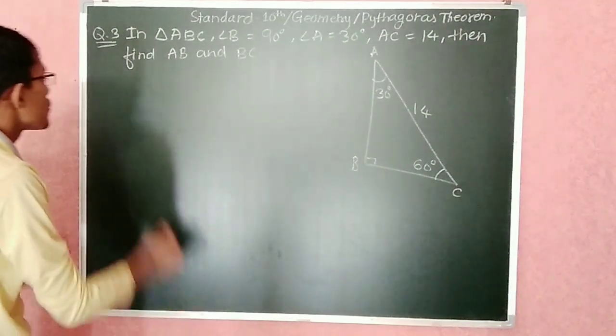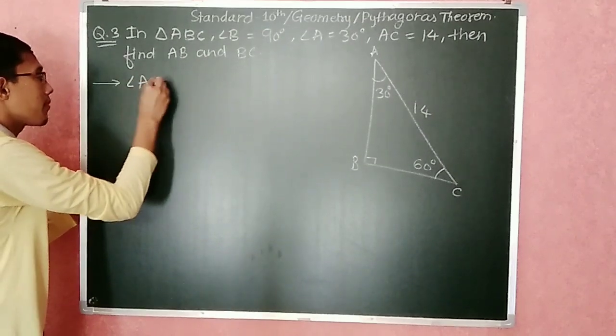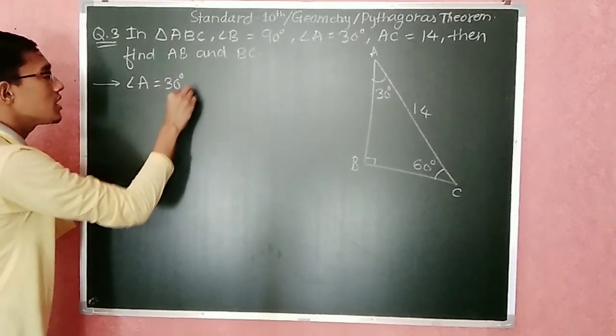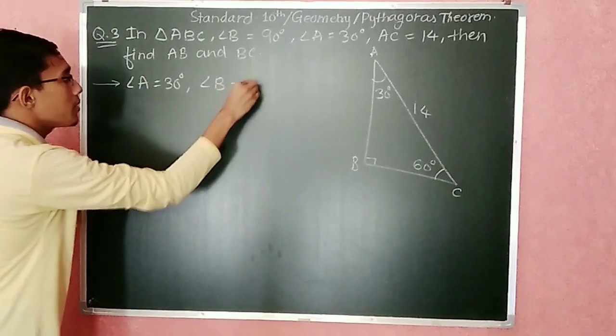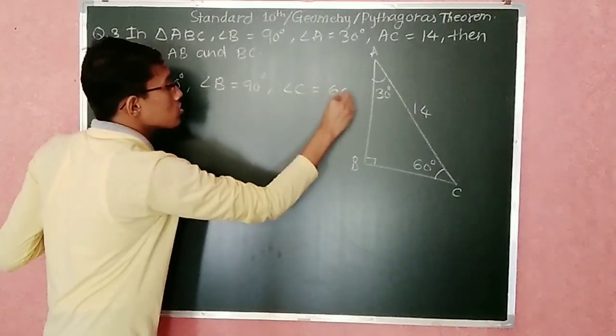Here we can see that angle A is 30 degrees, angle B is 90 degrees, and angle C is 60 degrees.